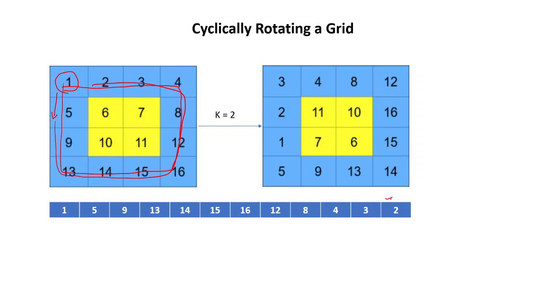So I have converted this particular layer into an array. Now if you are given an array and asked to rotate it by some k units, you can easily do that. So I have picked up this particular layer, converted it into an array, and then I am going to rotate it in the counterclockwise direction by k equals 2.